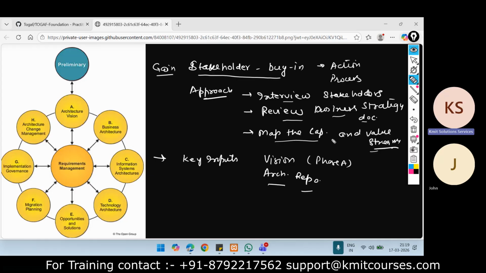Business capability, or you can say the business capability map, basically shows what the business does, and it helps to identify strategic focus areas. The capability map is nothing but what the business does, and it helps to identify strategic focus areas.